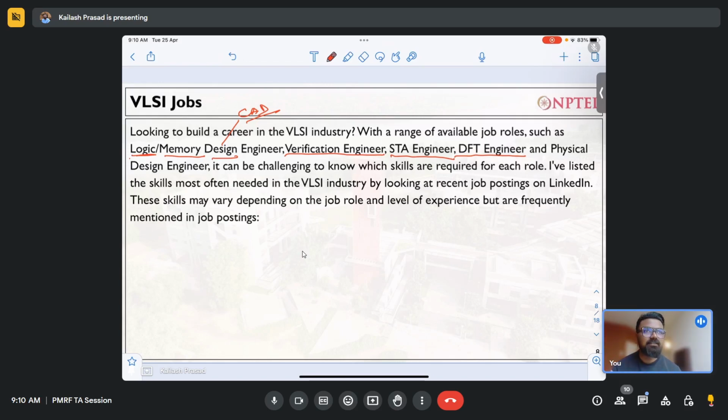That will translate to around 80 to 90 lakhs if you are a VLSI design engineer in Europe. And if you go to the United States, they pay you more, 100K to 120K, which is around 1.2 crores of annual salary.